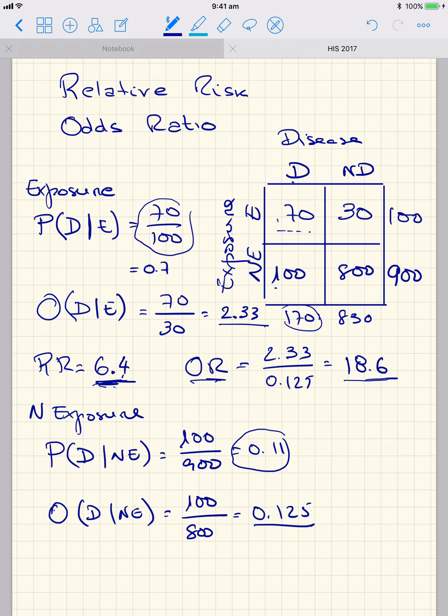They serve slightly different purposes, and the biggest advantage of the odds ratio is its invariance property, which I'm not going to explain here now. But basically, if you have a case control design, you cannot directly compute relative risks, but you can compute odds ratio.